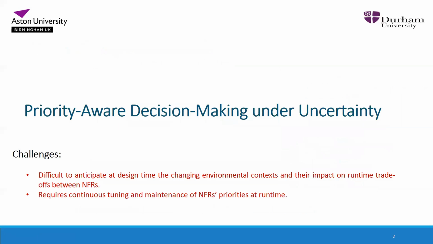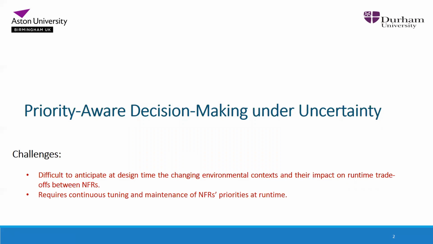But the main challenge is that it is difficult for requirements engineers to anticipate at design time the changing environmental context and its impact on runtime trade-offs between non-functional requirements. It also requires continuous tuning and maintenance of the non-functional requirements priorities at runtime.